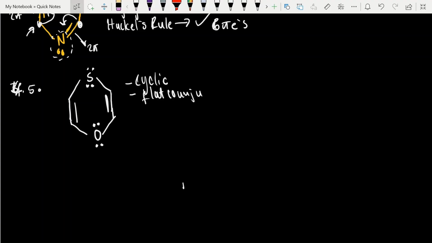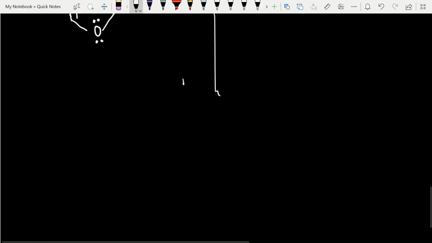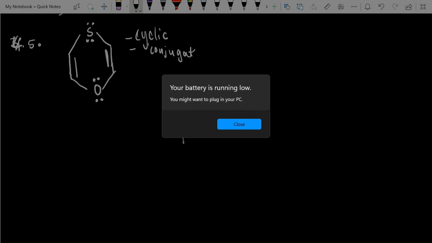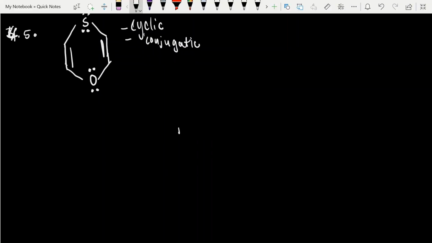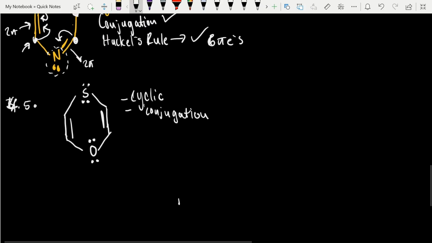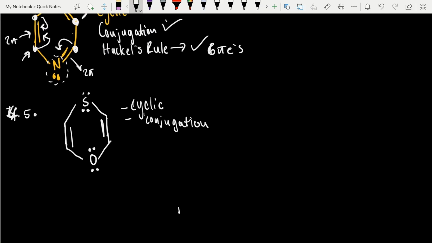So here we want to check if it is indeed conjugated. Let's see if we are going to have that planar at every point.